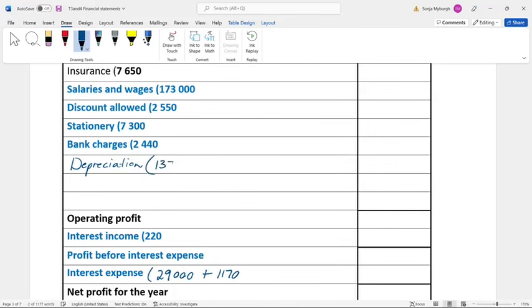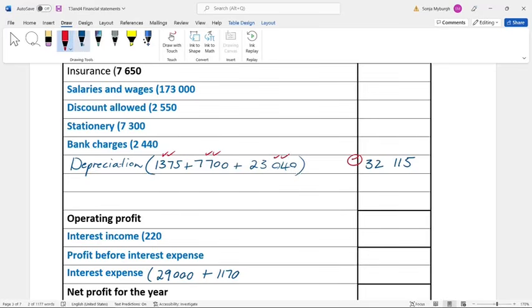The 1375 of the new equipment, the equipment that we had for the whole year, and then the vehicles that we wrote off. So the total depreciation, 32,115.